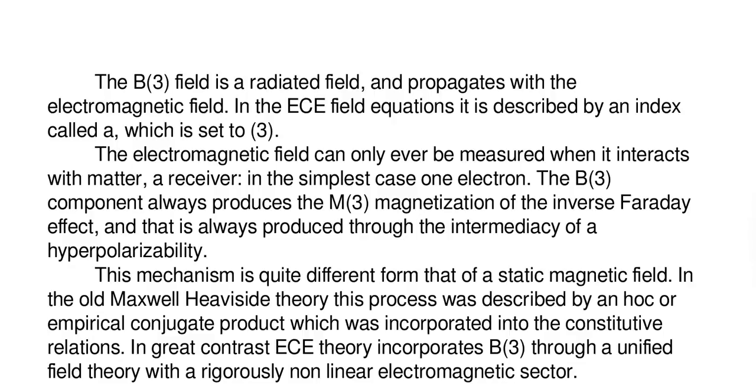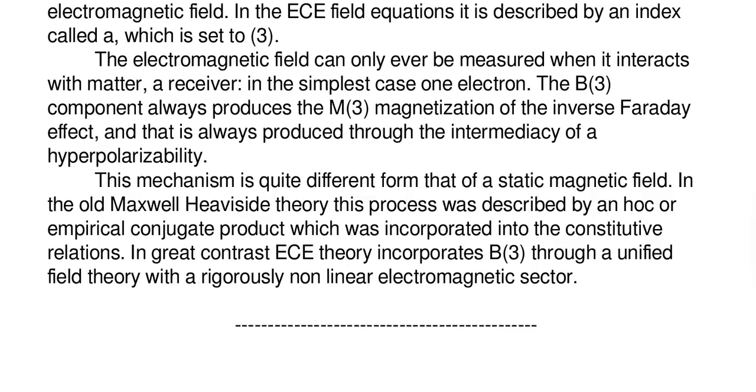The electromagnetic field can only ever be measured when it interacts with matter, a receiver, in the simplest case one electron. The B3 component always produces the M3 magnetization of the inverse Faraday effect, and that is always produced through the intermediacy of a hyperpolarizability.